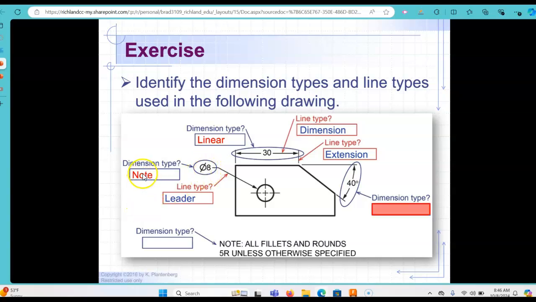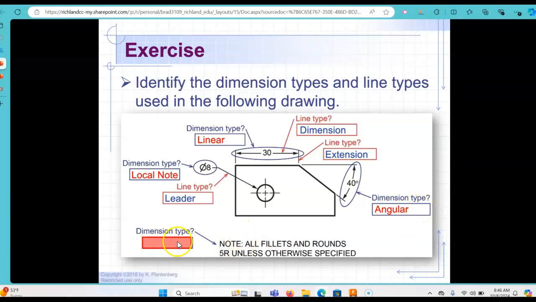That's what we refer to as a note. So this is a note that is attached to that leader line. And over here, it is given in degrees as far as the feature size. That type of dimension, of course, is easy to tell. That's an angular dimension.